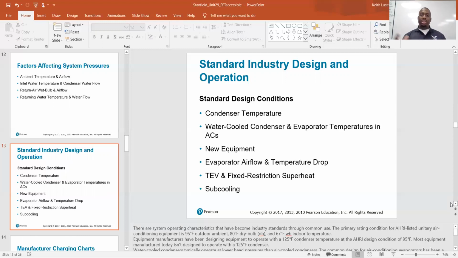And all the heat energy in that air is going to be absorbed into the evap coil, and the air is going to come out of the other side, nice, cool, conditioned air. So that's how that whole thing works. So those are the design conditions: 80 degrees inside, 95 degrees outside. And so with the condenser needing to be about 30 degrees warmer than the outdoor ambient air, the condensers typically operate at 125 degrees.